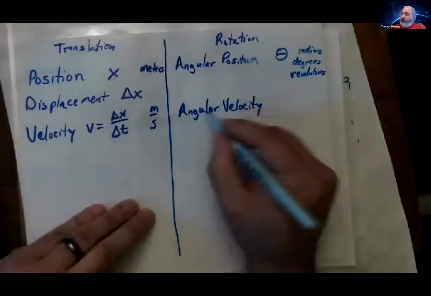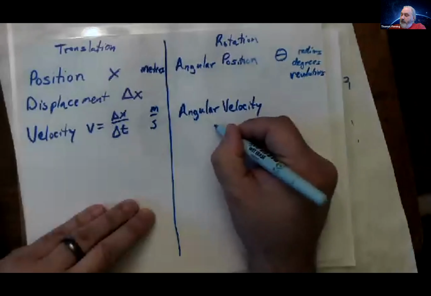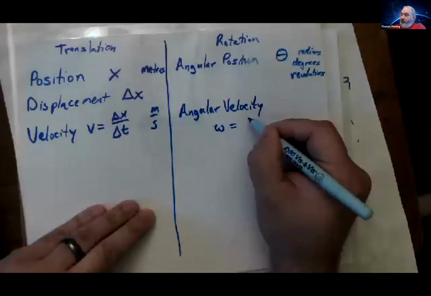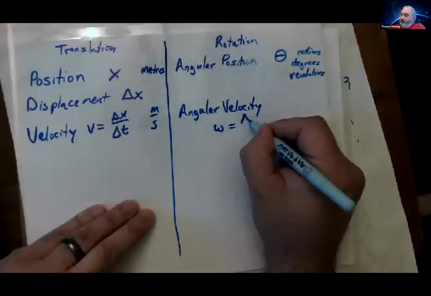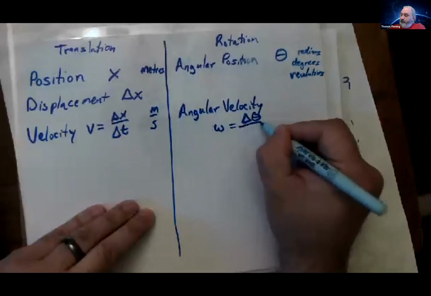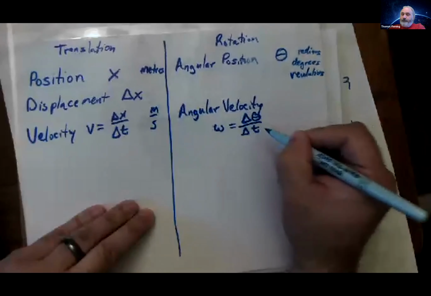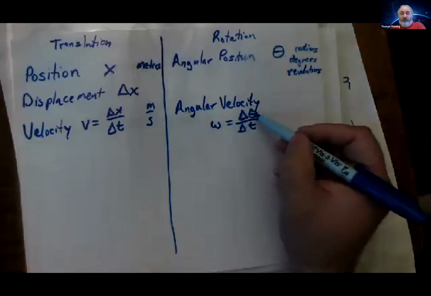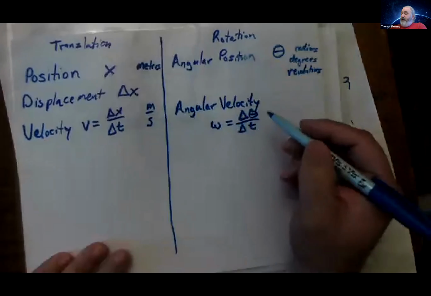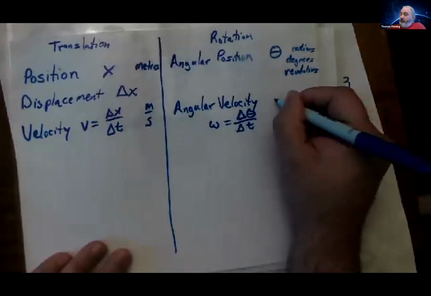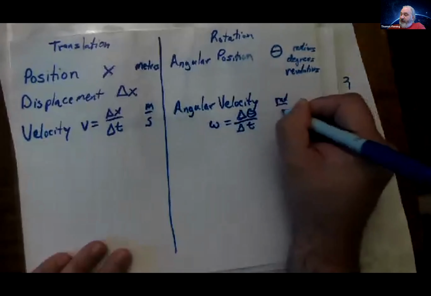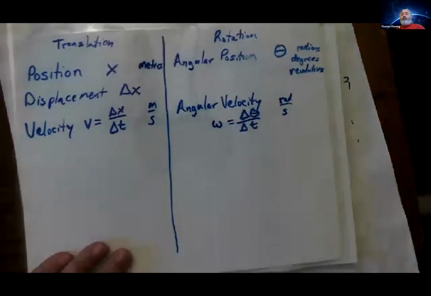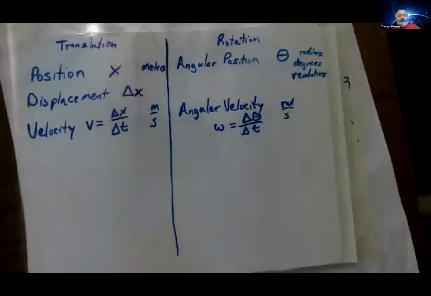And we're going to use the symbol omega. I see your hand, Amber. Hold up 1 second. So angular velocity will be the change in angular position over time. And that'll be measured in, say, radians per second, or degrees per second, or revolutions per second.